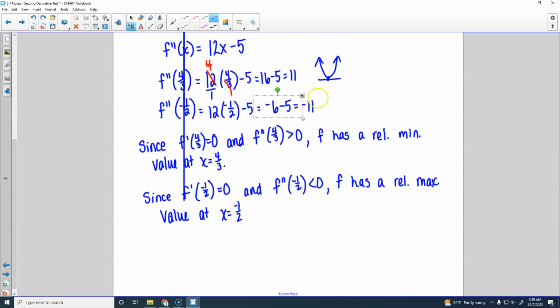And reasoning here, if I have a negative second derivative, that tells me my graph is concave down. And if it's concave down and has a horizontal tangent, we're looking at a maximum point there.